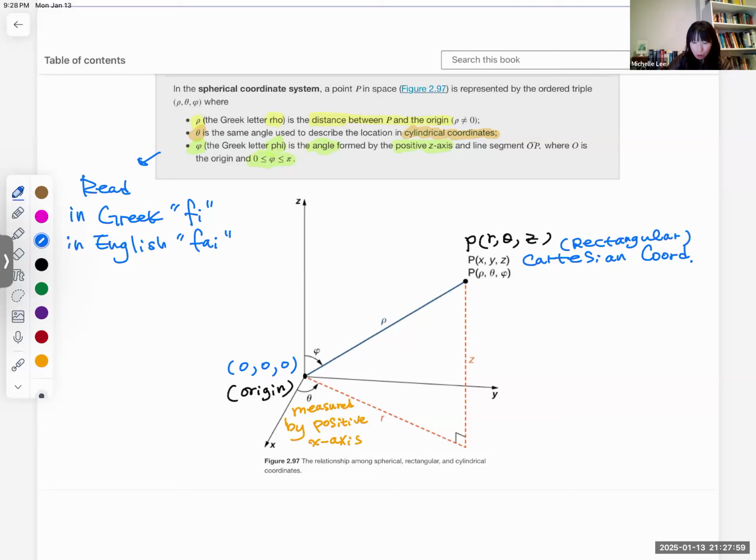And this is rho, theta, phi, a spherical coordinate. And this is r, theta, z, cylindrical coordinate, right?